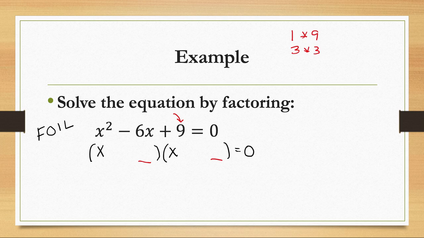And you want to select a set of numbers that somehow will give you this middle term of 6. So you want to ask yourself, can I add or subtract 1 and 9 to make 6? And we know that we can't do that, so I'm going to go ahead and cross that one off. Can we add or subtract 3 and 3 to make 6? And yes, we know that we can add those two numbers together to make 6. So I'm going to go ahead and put the 3 and the 3 in those last positions.